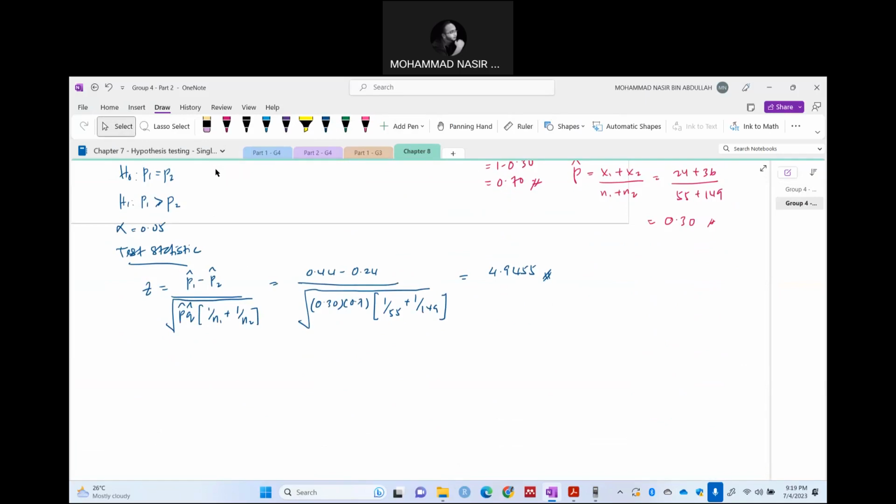Is it the same? Dapat sama? Dapat? Tak dapat?